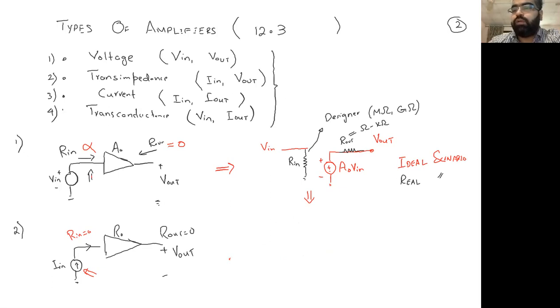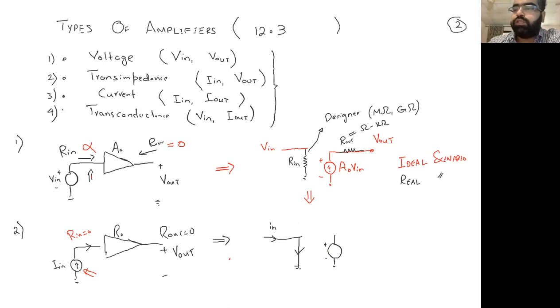We talked about the ideal scenario. What about the real scenario? In the real scenario, we again have a 0 input impedance, so we can just have a ground. We are sending some current I in, flowing through here, and at the output we want a voltage source.